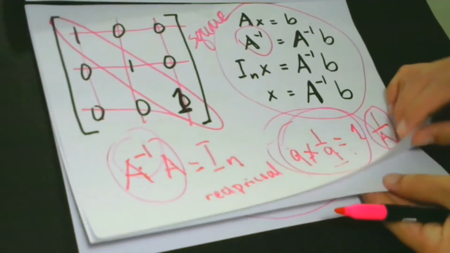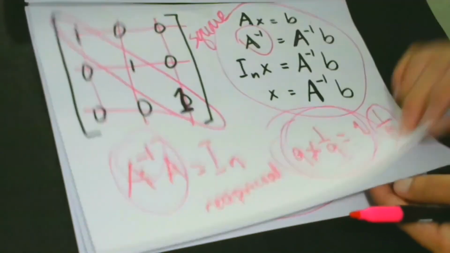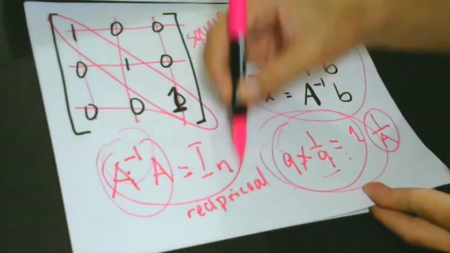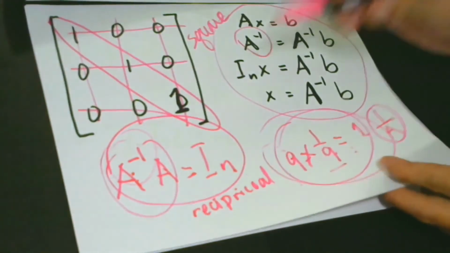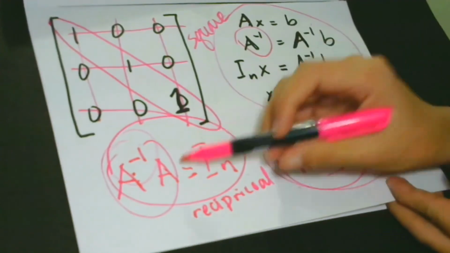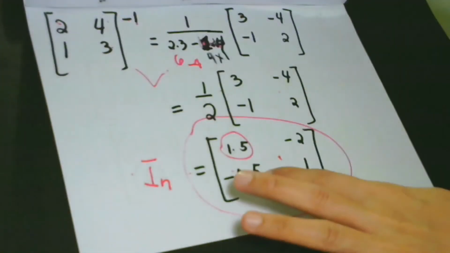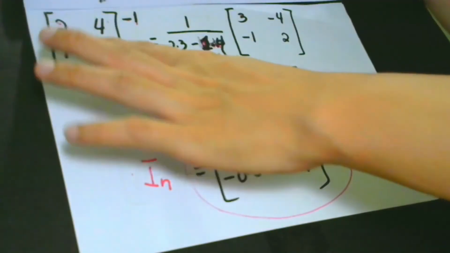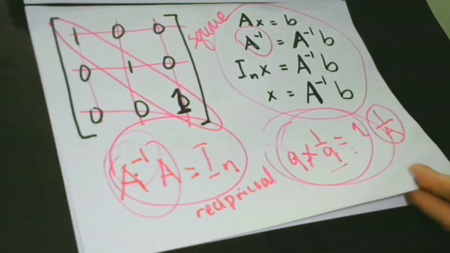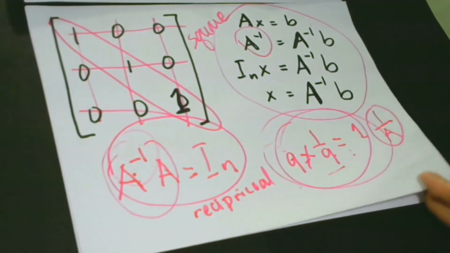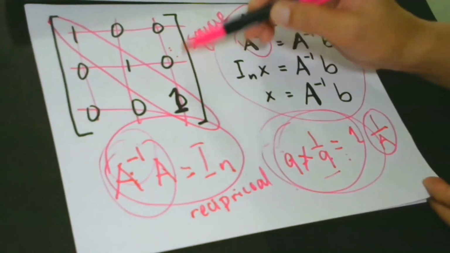Okay, this one. If we multiply this inverse to this, then that gives us the identity. And remember our identity? This one.